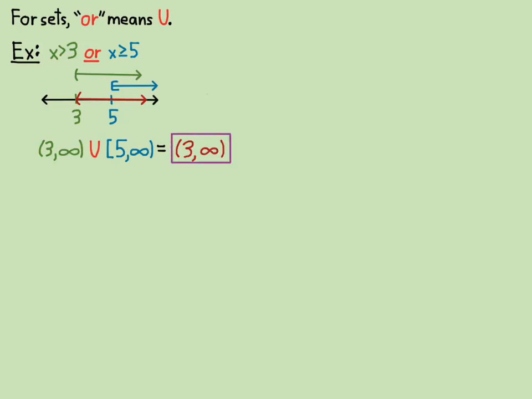So that simplifies. Intersections always simplify. Unions usually simplify, or often simplify, but not always. If the intervals intersect at all, the union simplifies. So this is interval notation, of course.